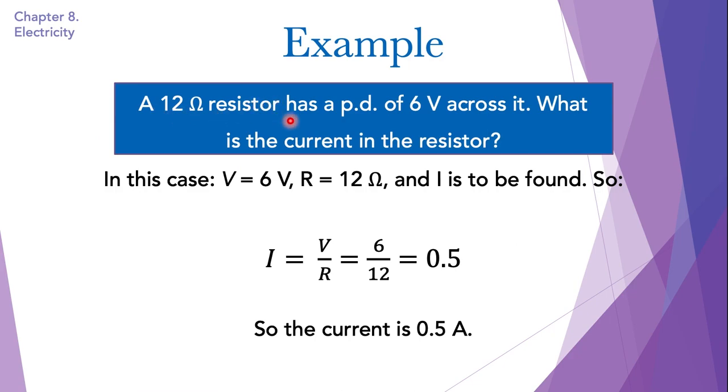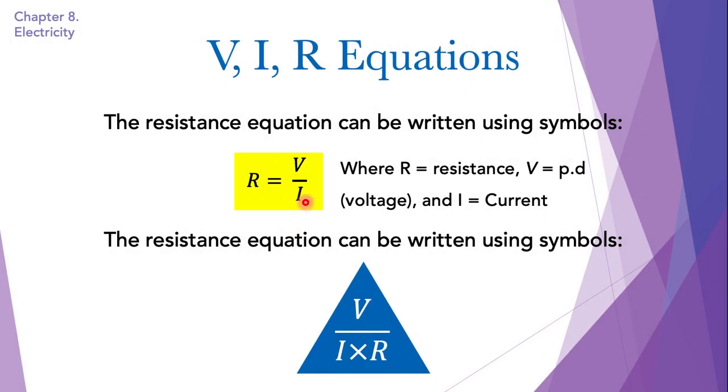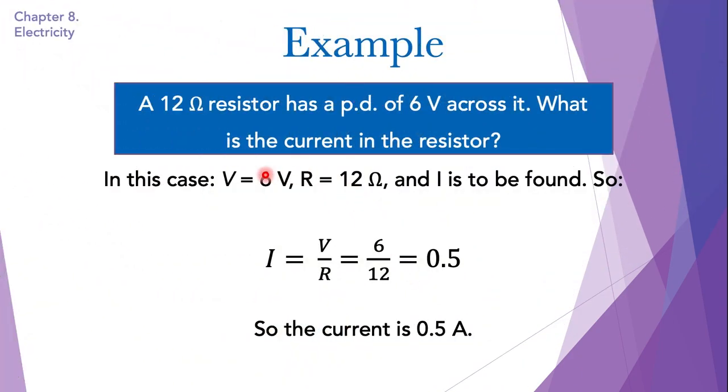So a 12 ohm resistor has a potential difference of 6 volt across it. What is the current in the resistor? So we're given the resistance and the potential difference of the resistor, and now it's asking us to give the current. So we're going to simply use this equation, R is equal to V upon I, and answer this question. In this case, V is equal to 6 volt, R is equal to 12 ohm, and I is to be found.